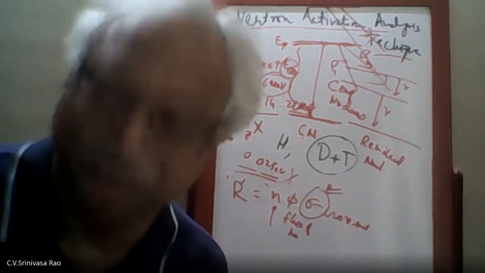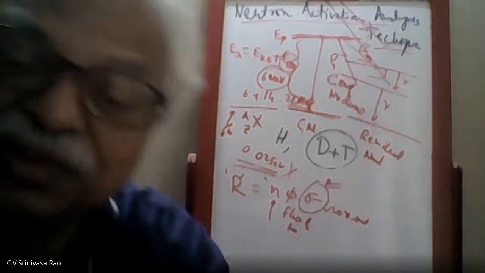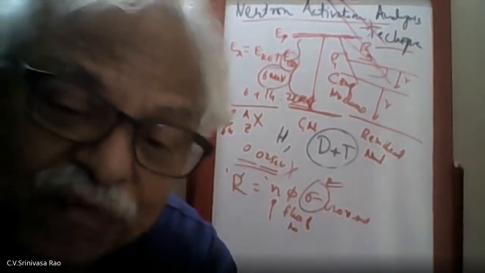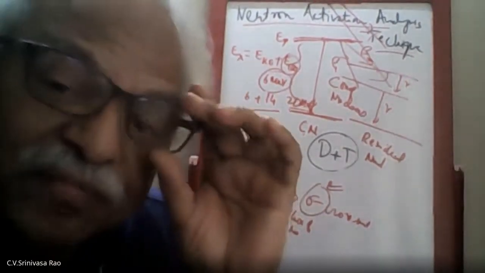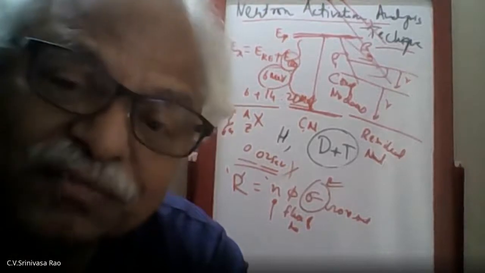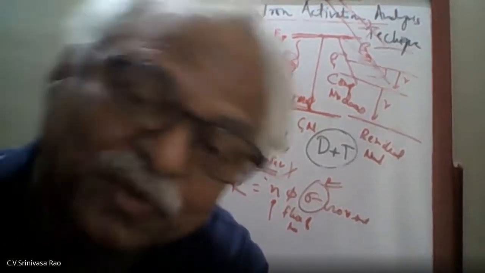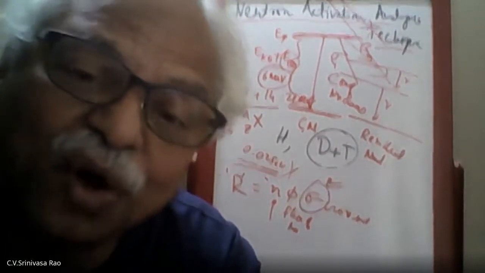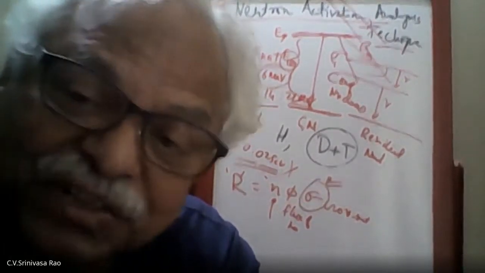One thing is that production of neutrons is very expensive. Each neutron comes out with a lot of money. Not only that, any reaction produced by the neutrons is going to produce a lot of radioactivity, a lot of radiation.